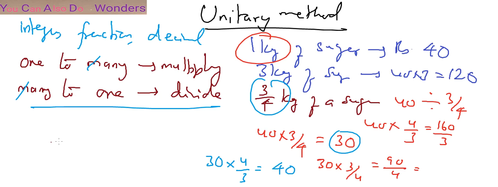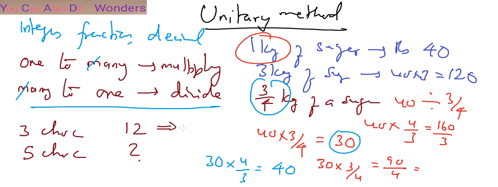But what about, for example, the cost of 3 chocolates is 12 rupees. What's the cost of 5 chocolates? Here one way is to find the cost of 1 chocolate first. 3 chocolates are 12 rupees, 1 chocolate is 12/3, 4 rupees.